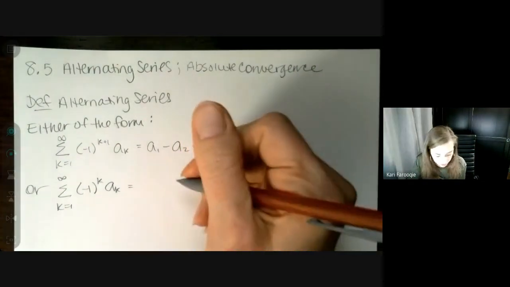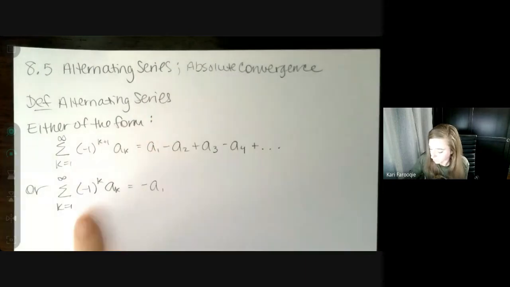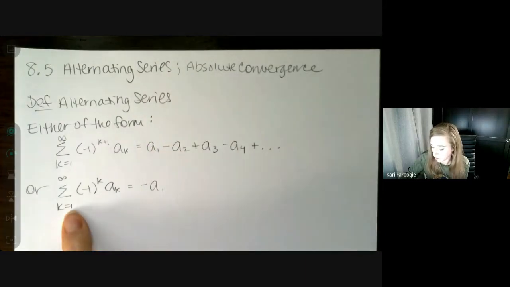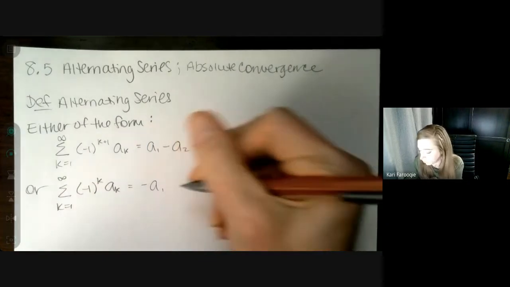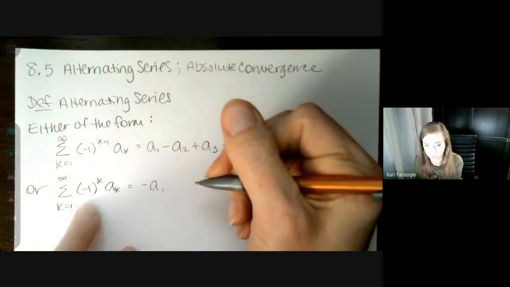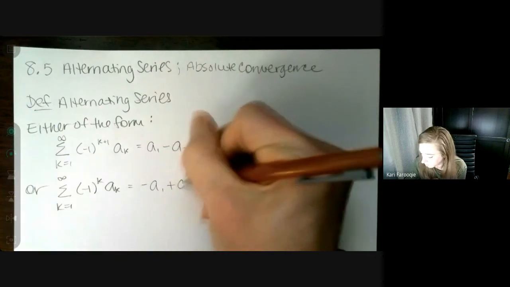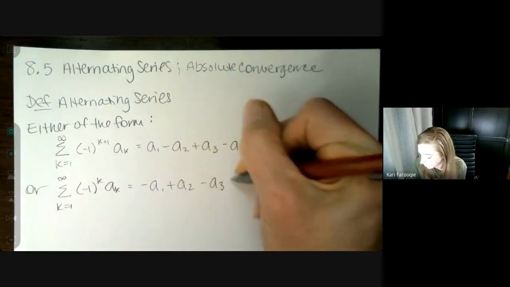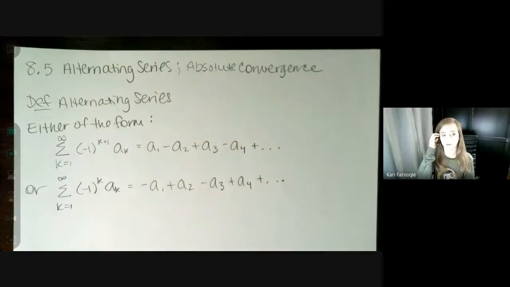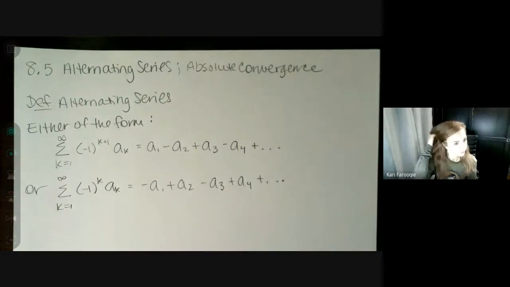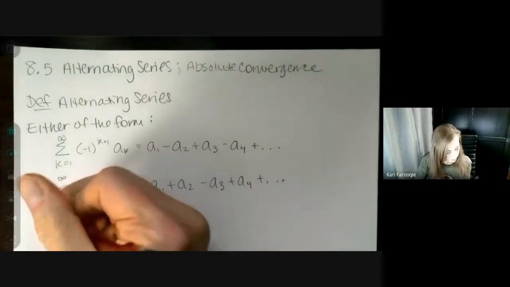So this one is going to have a negative first term, because if we talk about k being 1, well, negative 1 to the first power is negative 1. And then, of course, if k is 2, negative 1 squared is positive 1. And you would get the same type of thing occurring just with opposite signs as we did with the first definition. Now, a sub k is positive for all integers where k is greater than or equal to 1.